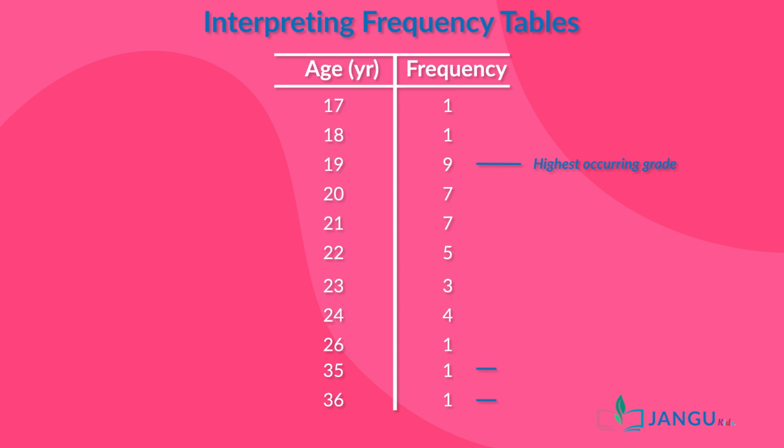There are only 2 university students above 30 years old because the students' ages above 30 are just 2, which are 35 and 36, with both having a frequency of 1 each. And finally, the total number of students in the university equals 40 because adding all the frequencies of each age group together, we get 40.